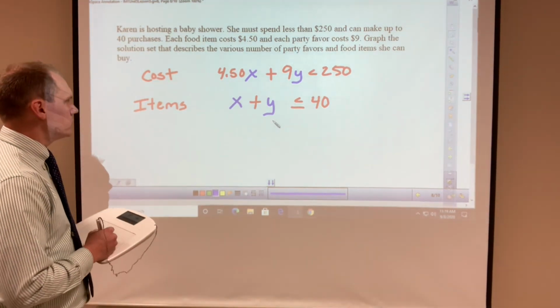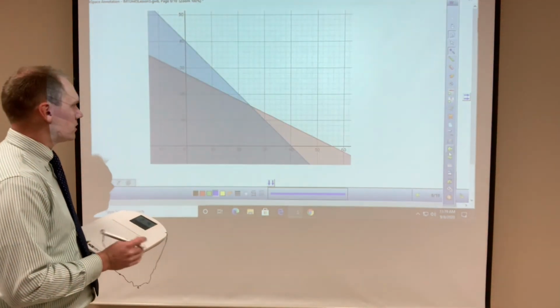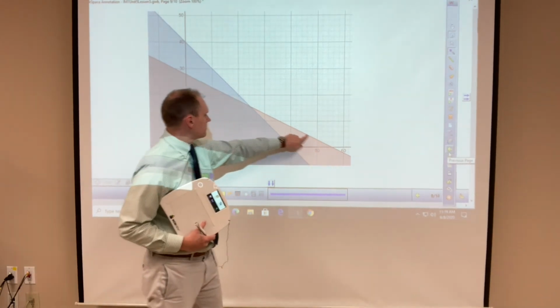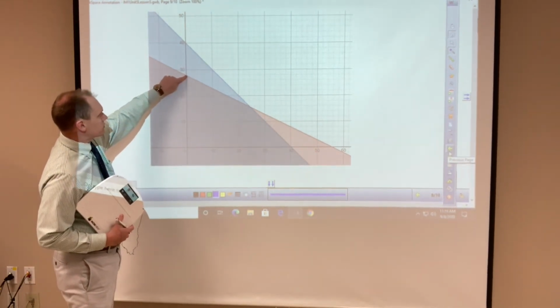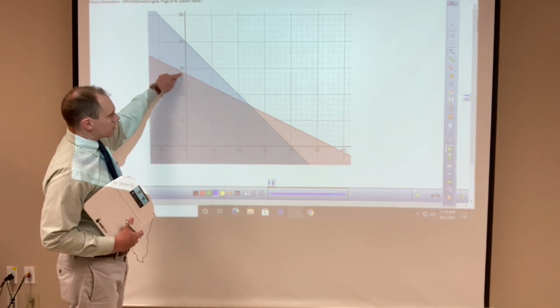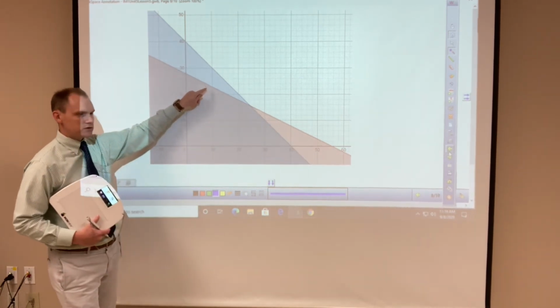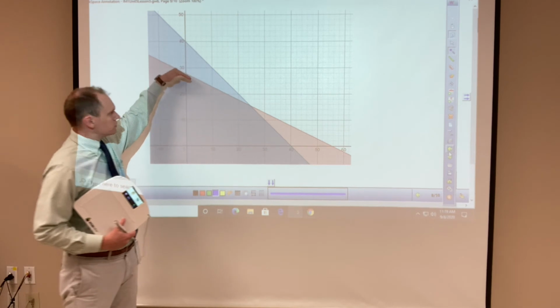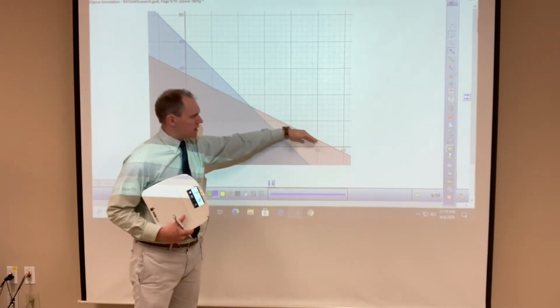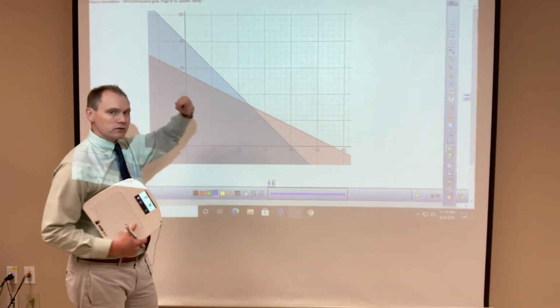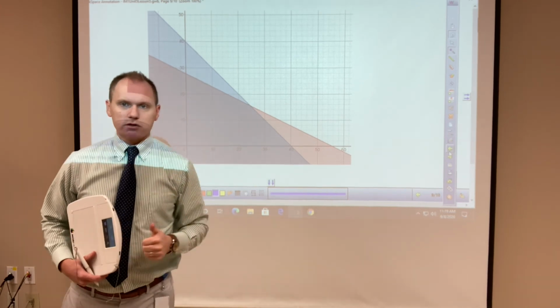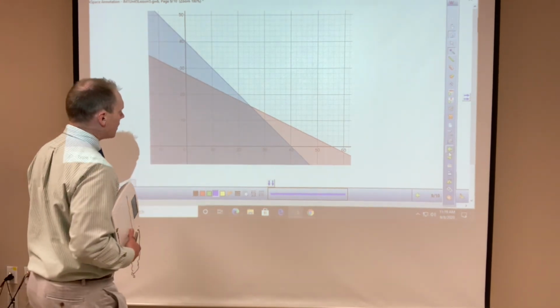If we connect those two, we get the red inequality, which is for the cost. As long as we stay below this red line or on the red line, then we're good in terms of cost.